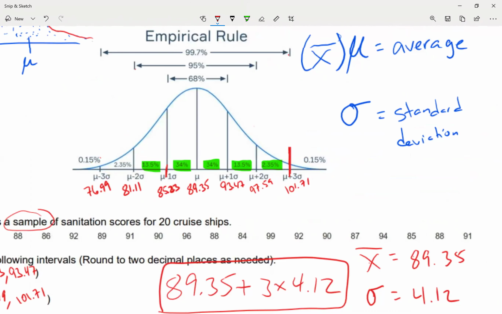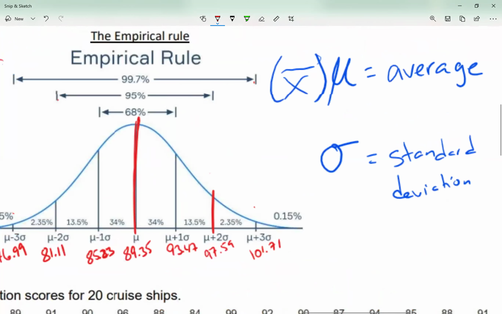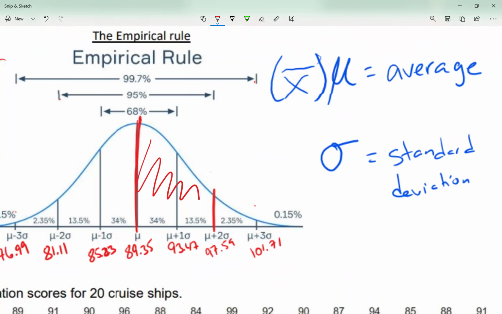Okay, let me erase this. So it said from 89.35, so that's this right here, to 97.59, which is this right here. So it's asking how much it will be in this area.